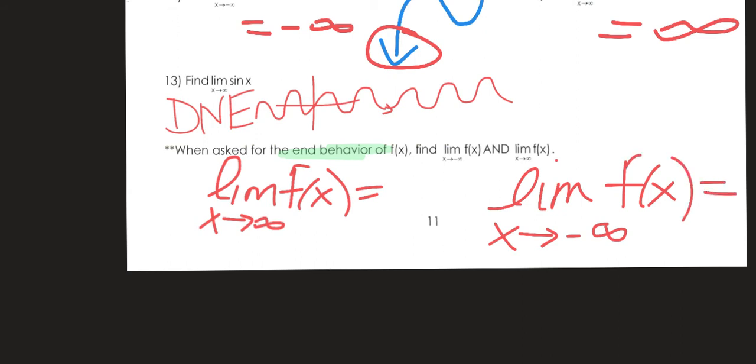All right, I'm going to do a little recap of some things on a blank sheet of paper. Limit as x approaches 2, and let's say this is our function.